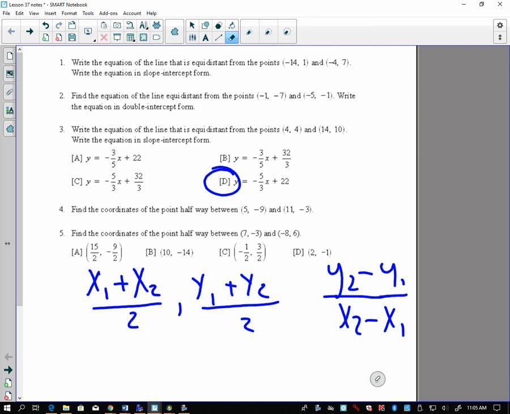So let's do at least one in here. Okay, let's do number 4 just real quick. Just as a question, right? Does it matter which one is x1 or x2? No, but once I pick an x1 and an x2, does it matter y1, y2? Yes.